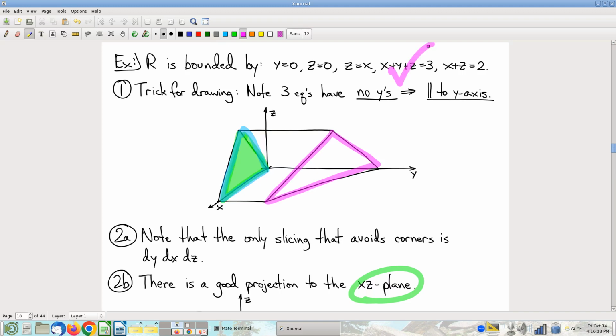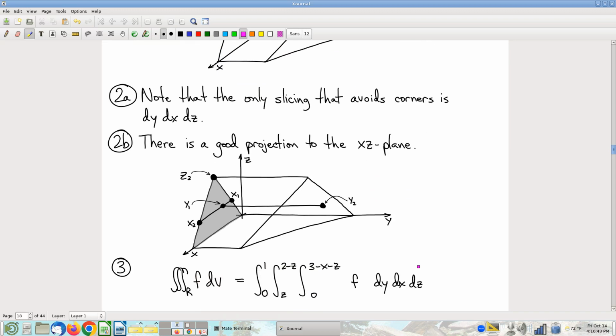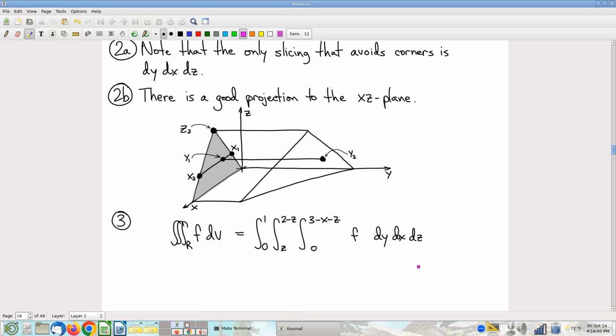So we have a nice consistent upper, nice consistent lower, and a nice shadow. That's a good projection. And that's the way that I encourage you to make these bounds. To think about the projection, your X and Z bounds come from the shadow.